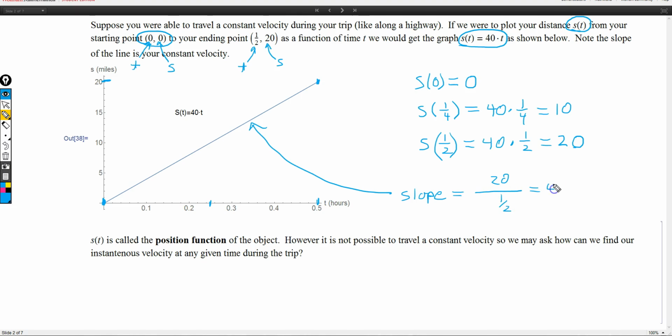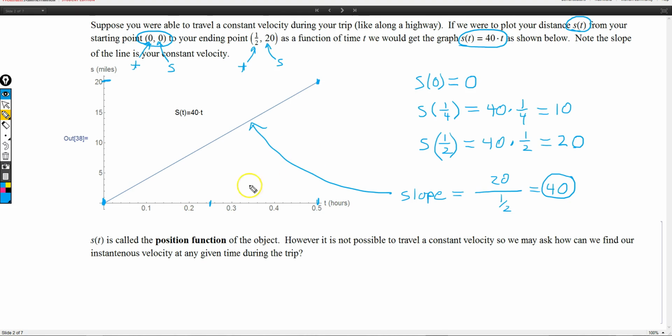And of course that's 40, so that represents your average velocity. So if you were able to travel at a constant velocity, the slope of your distance function from your starting point, the slope of that line is your average velocity.